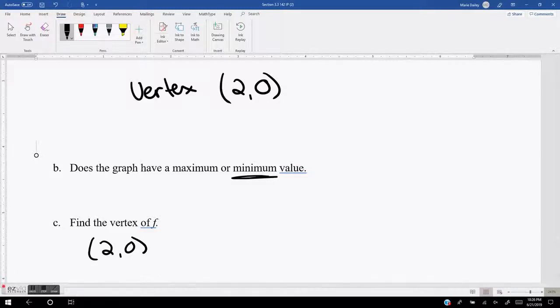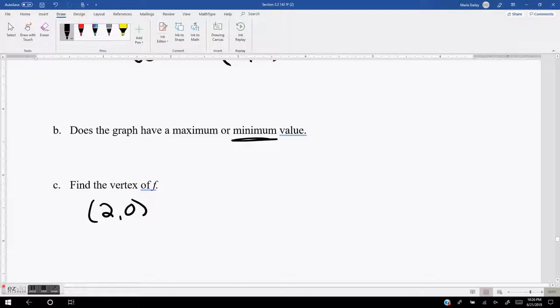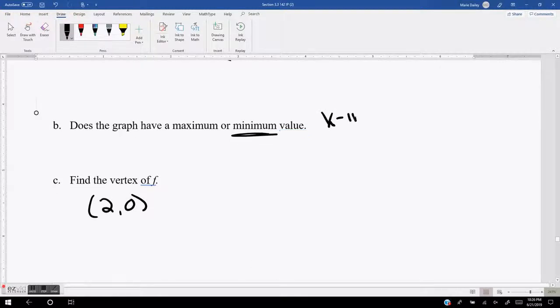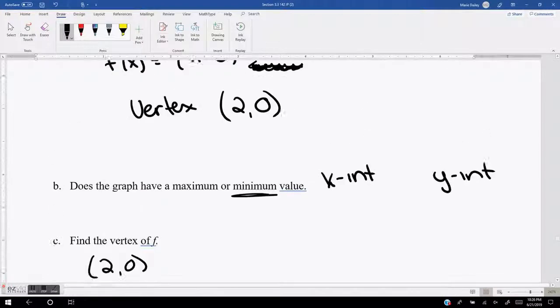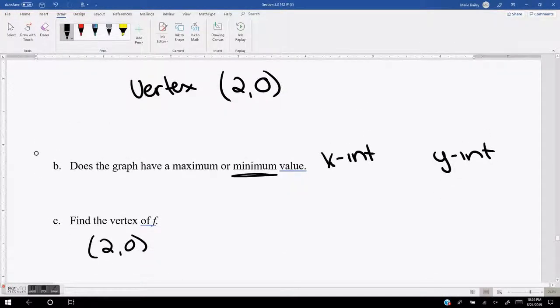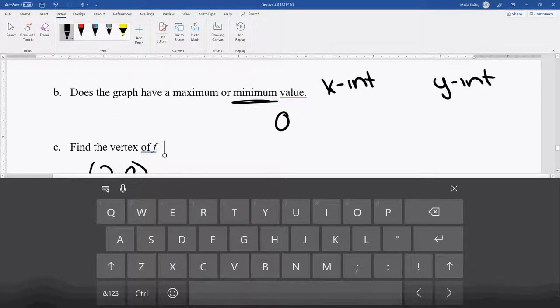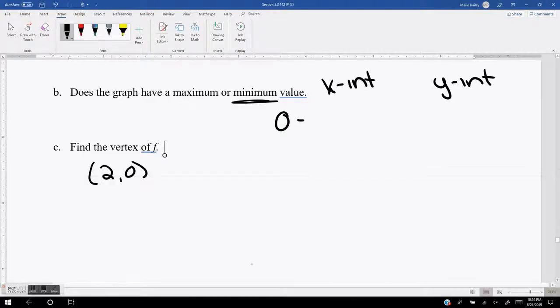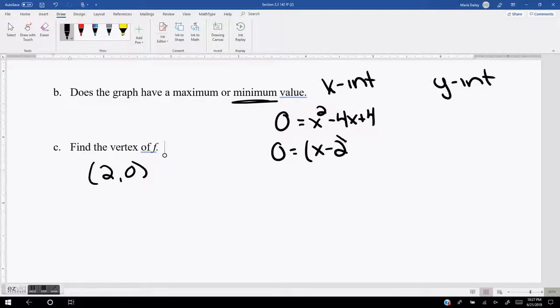And because we always like more points than what we need, let's go ahead. I want to find the x-intercept and the y-intercept. All right. Well, looking at this, we have a vertex of 2, 0. We said that when we set this equal to 0, this gives me x squared minus 4x plus 4. We already said that was factorable, which means x equals 2.